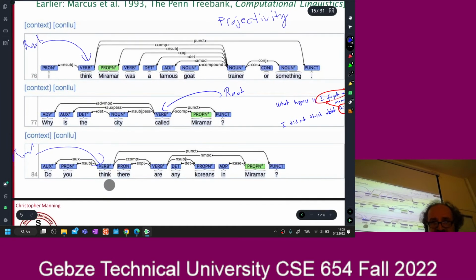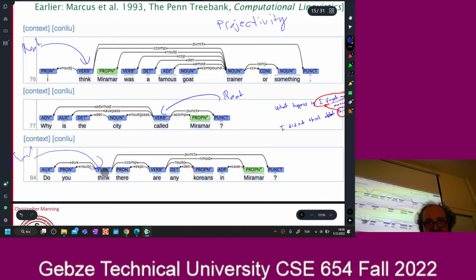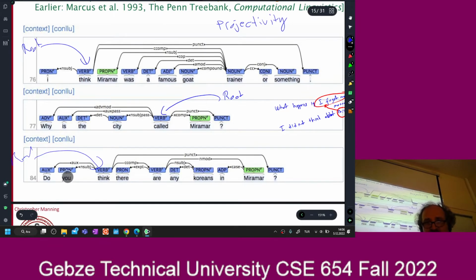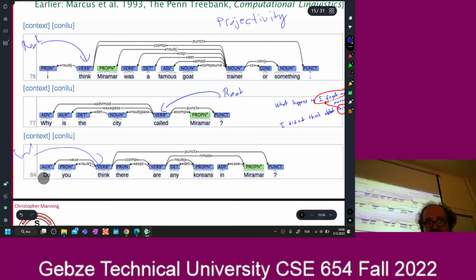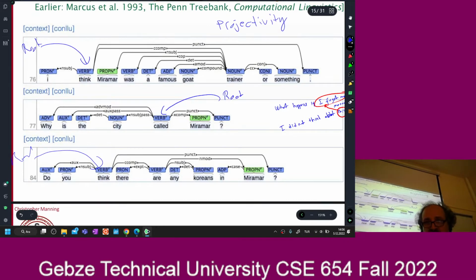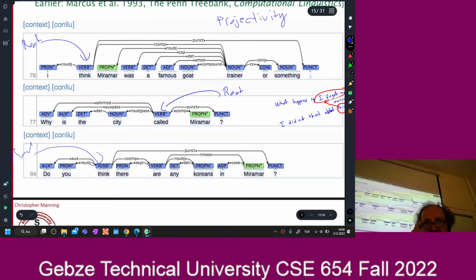Think is the main entry of the sentence, but all of the other words are connected to each other, one way or the other. This one says this is my nominal subject, you think. This is the auxiliary of the verb, and this is the punctuation.